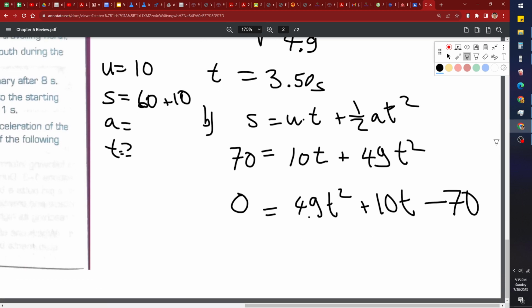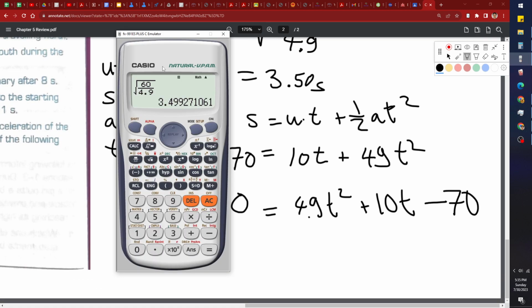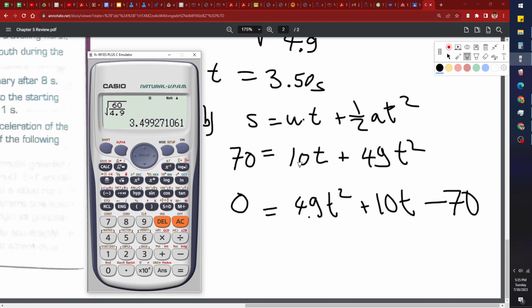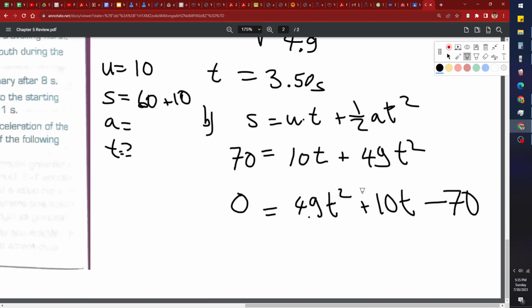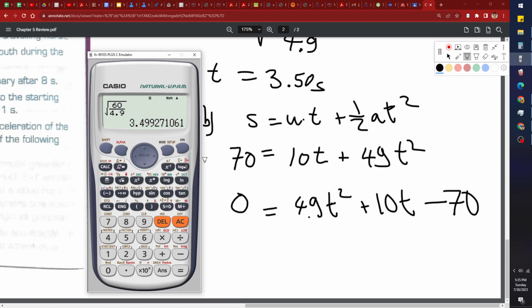Okay, and now we're going to use our calculator to help us do this. Now, because this is t and t, that's the same variable, and it's a quadratic because it's squared, we got to change our calculator. So we do that by going to mode, this button. We want to change it to equation 5, and we want it to be exactly like this, something squared, then the same something, and then nothing there.